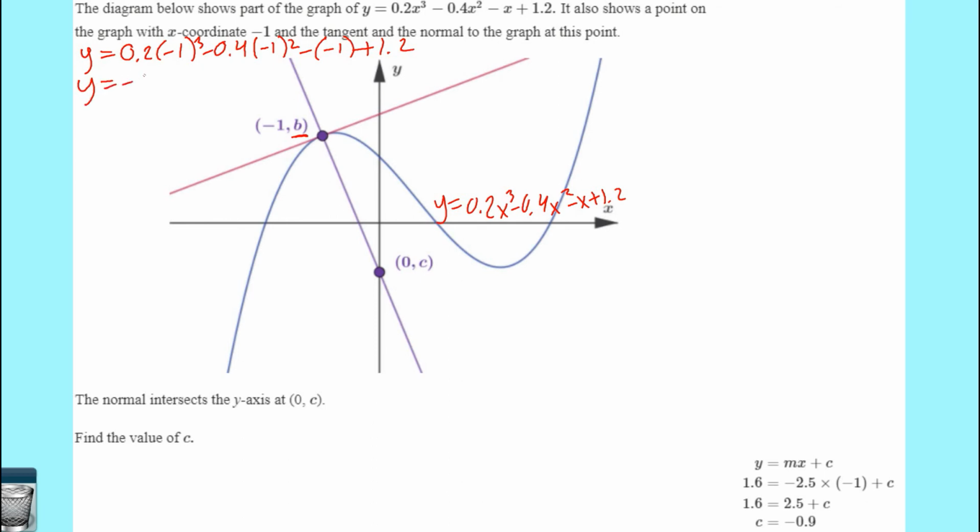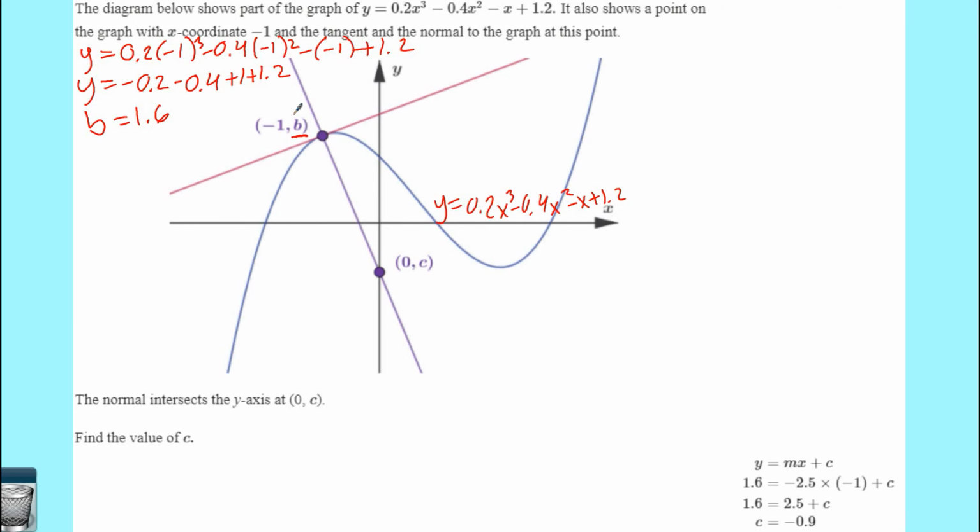So we get y equals negative 0.2 minus 0.4 plus 1 plus 1.2. So 1.6, so we get b must be 1.6. Okay, because I know that was y, but we were finding the y value here, which was b. So we know b is 1.6.